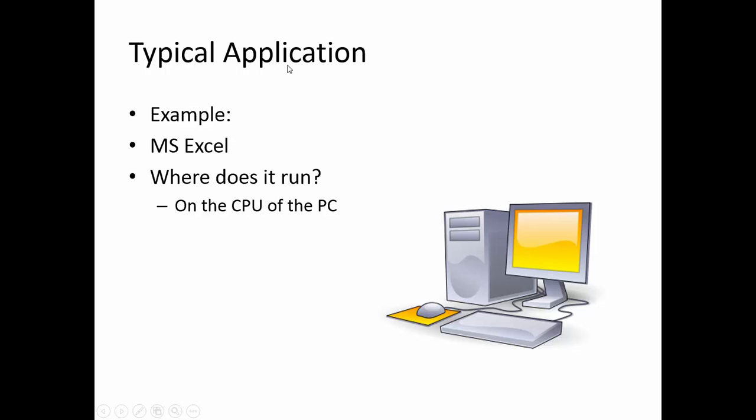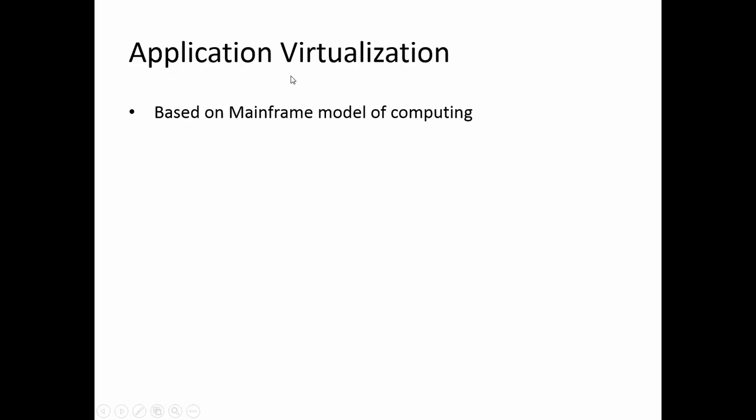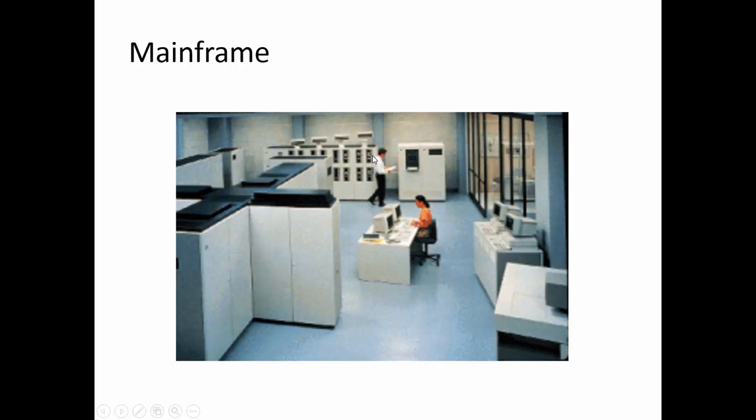But application virtualization is different. Application virtualization is based upon the mainframe model of computing. A mainframe is a big old computer which has a lot of processing power and a lot of RAM. It's typically stored in a separate glass room.